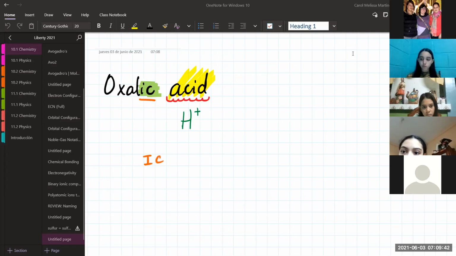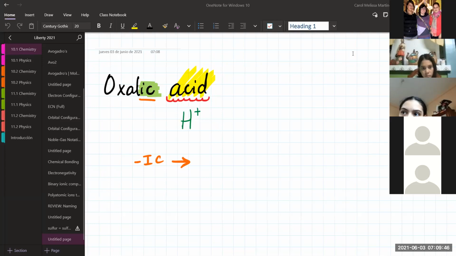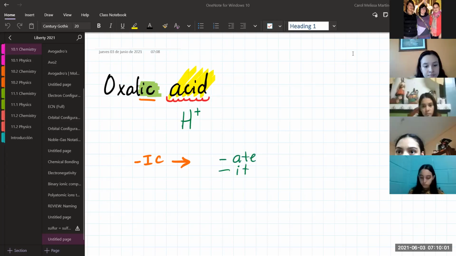So according to the rules that I gave you the other day, if you're going to use the suffix "-ic", it is for the polyatomic ions that end in -ate or -ite.